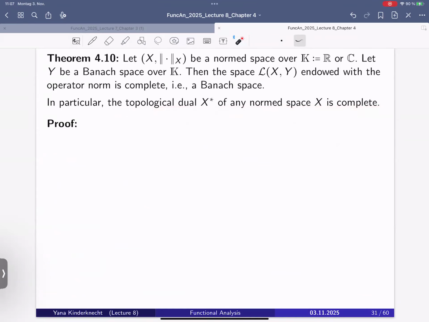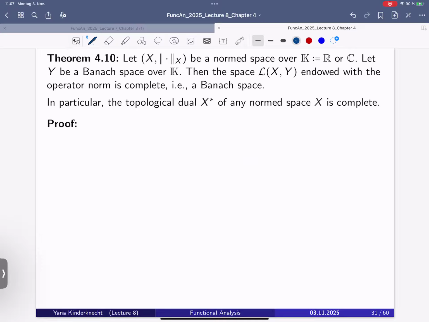We don't care if X is complete itself, but since K is complete, due to this theorem, the topological dual is complete. Okay, so let us prove it. I would say that the proof is again a standard one, but it does not mean that we should not do the standard proofs. Let us do it sufficiently fast.